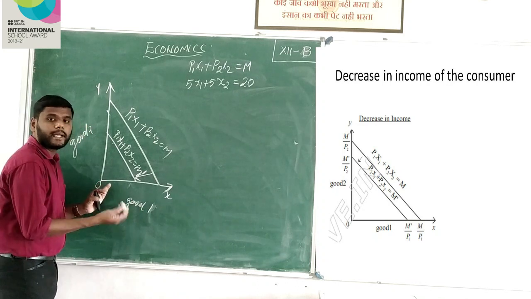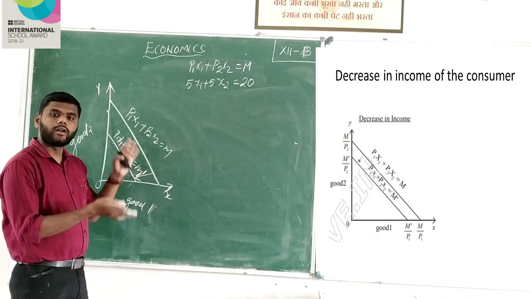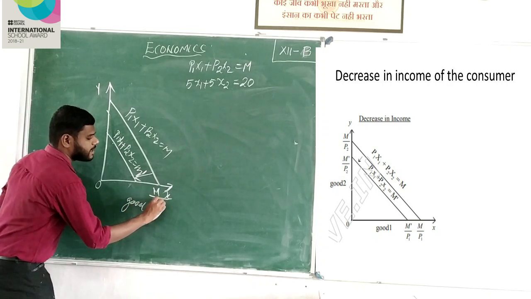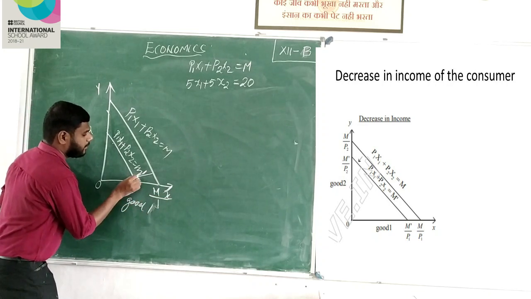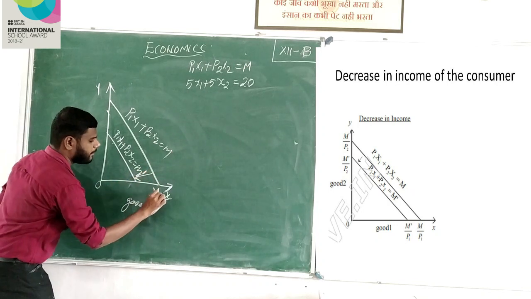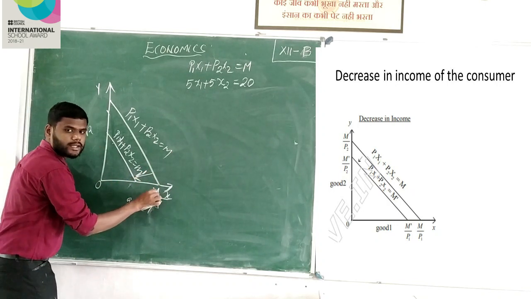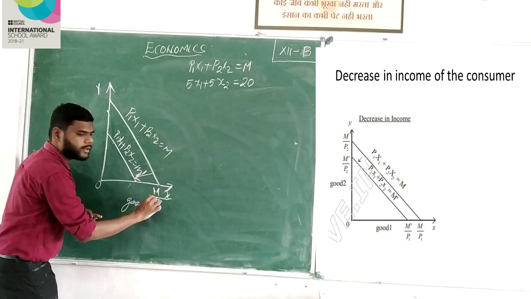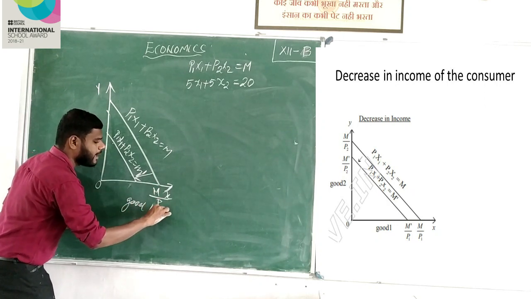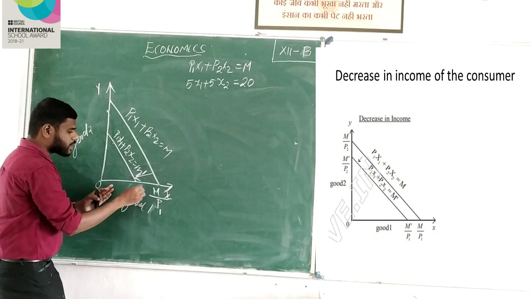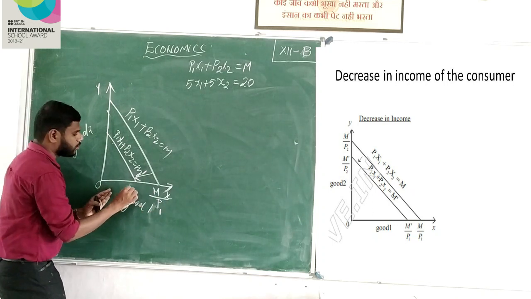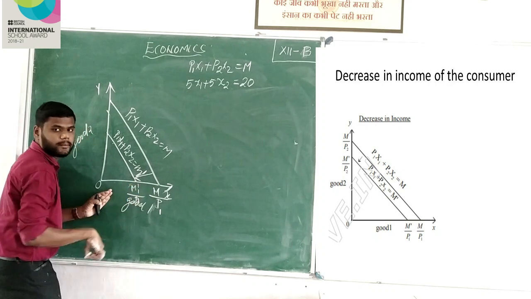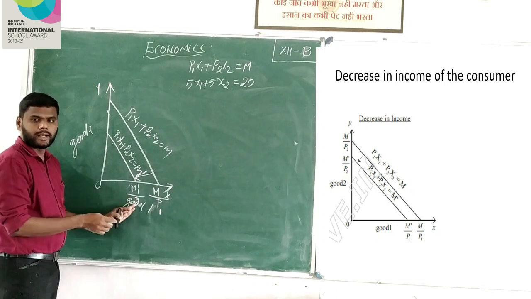So what will happen to the vertical and horizontal intercept? The horizontal intercept is M divided by P1, and that will move to M dash 1 divided by P1.